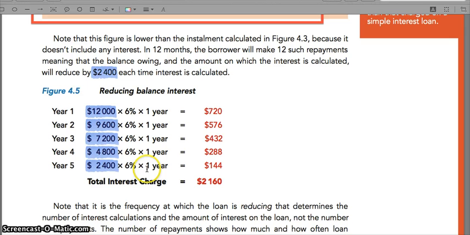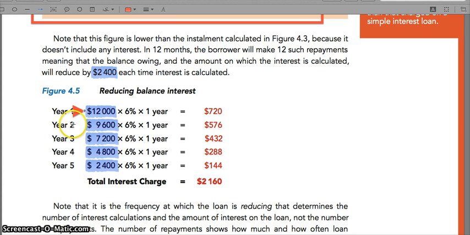And if we do that using 12,000 as the principal times the interest times the term, which in this case is 1 year, because we've got 1 year of term of this 12,000.